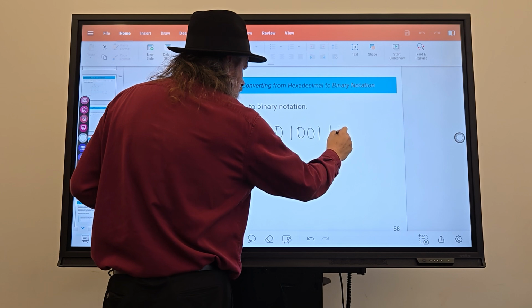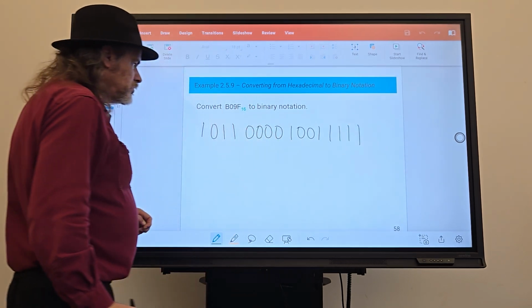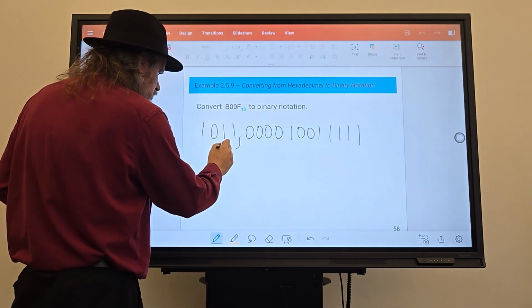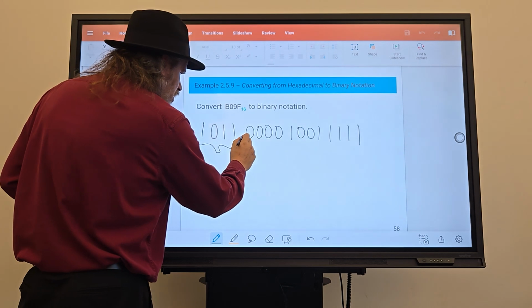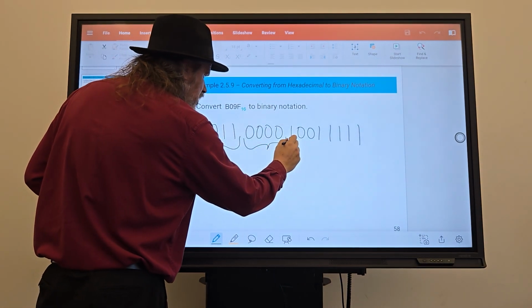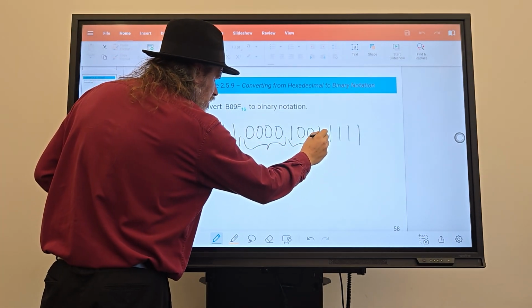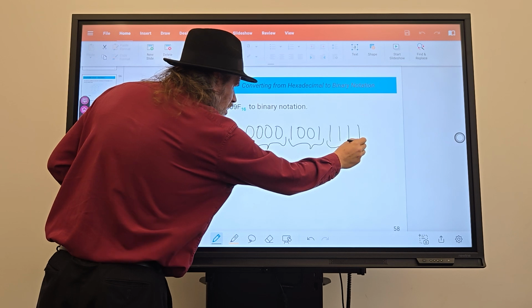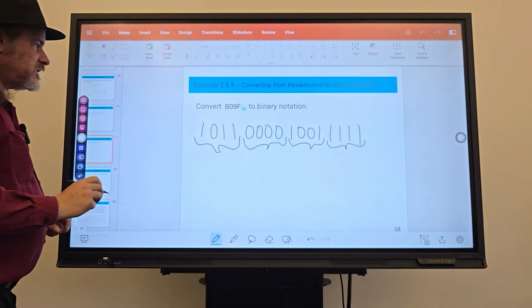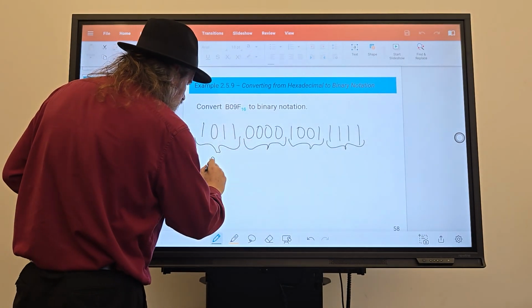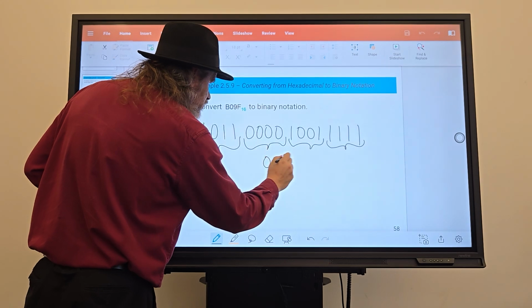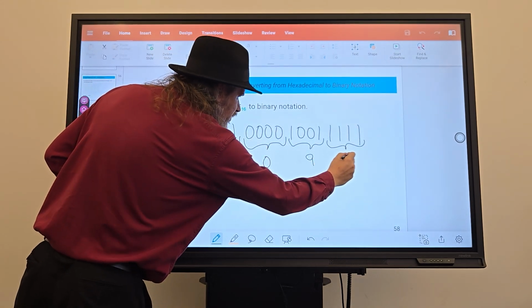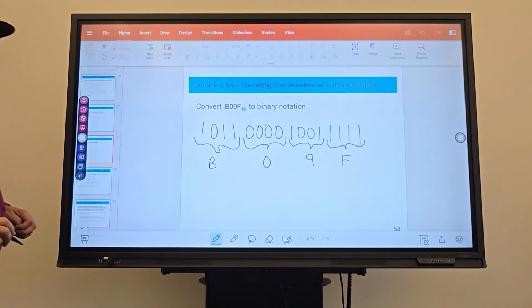And F is 1, 1, 1, 1. See? That's B, 0, 9, F. Much more compact.